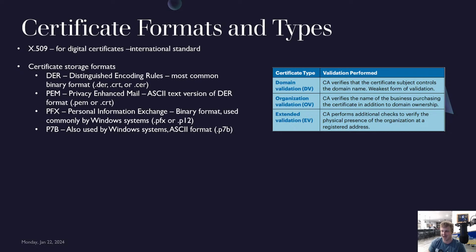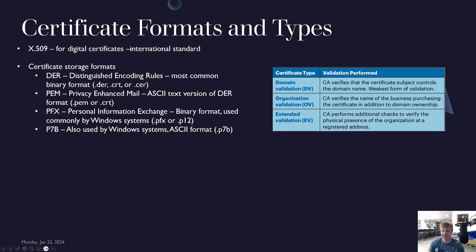Hopefully it helps. But your certificates have 3 different levels. So you have domain validation, organization validation, and extended validation. Domain validation is the lowest form of validation. This is what your certificate authority does, essentially verifying that whoever's trying to get the certificate owns the domain, so they own that particular website.